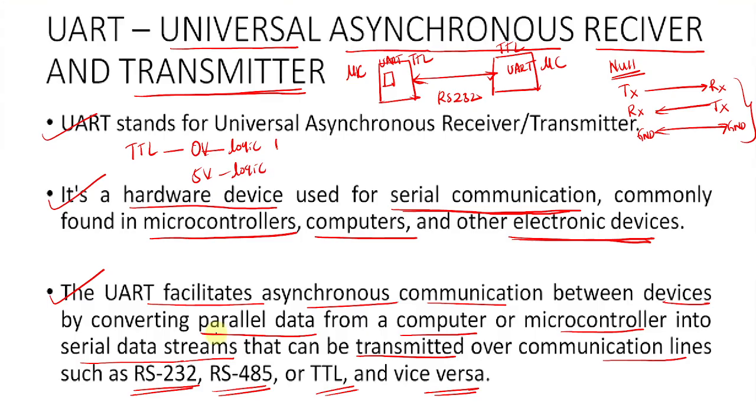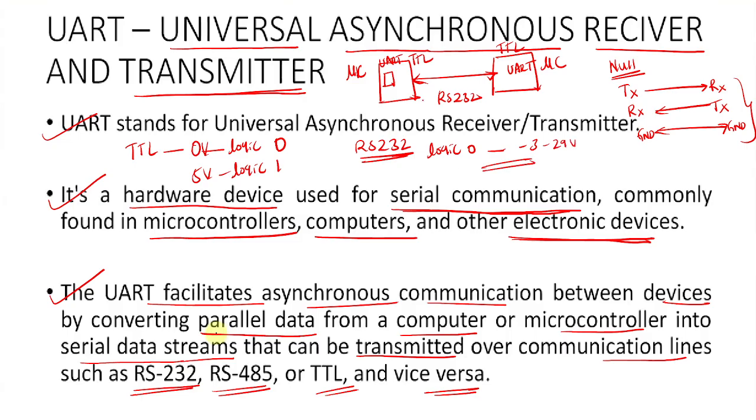RS-232 voltage levels are different: logic 0 will be from about minus 3 to minus 27 or 29 volts. Different voltage levels are there.